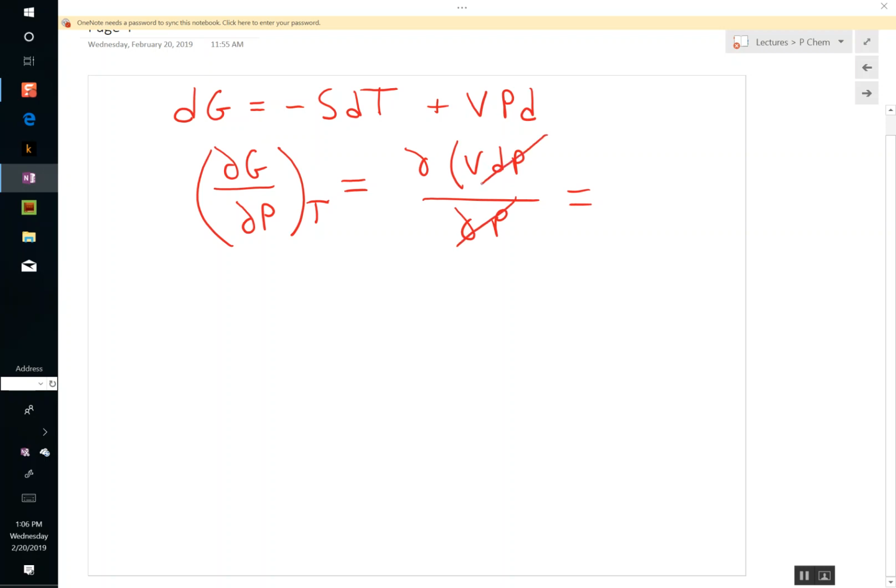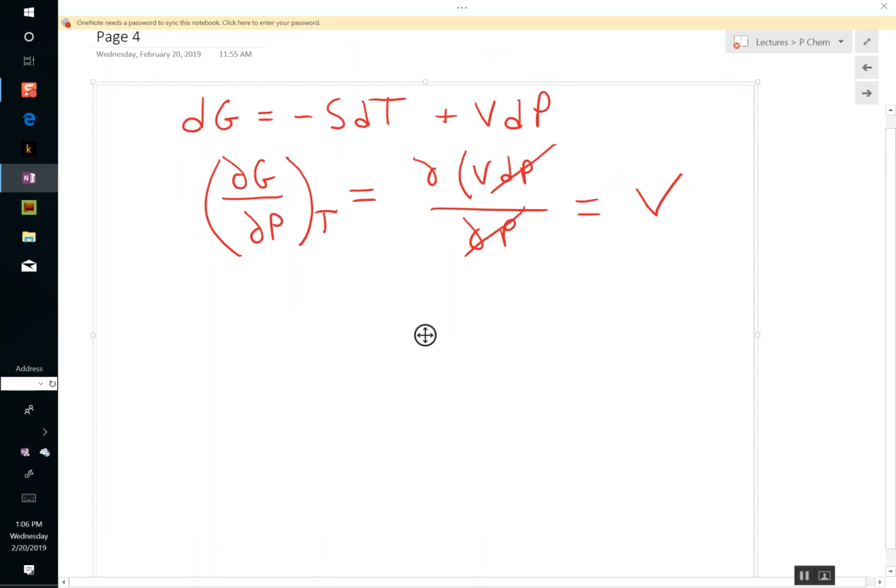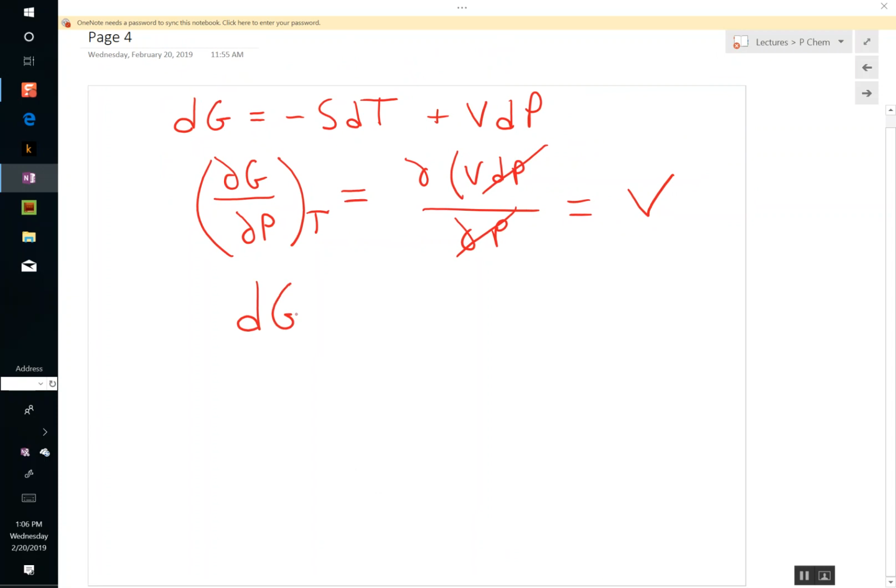This is going to go away. Volume, so that's just going to be equal to V. So the partial of G with respect to pressure at constant temperature is equal to the volume. So dG at this constant temperature is equal to V times dP.